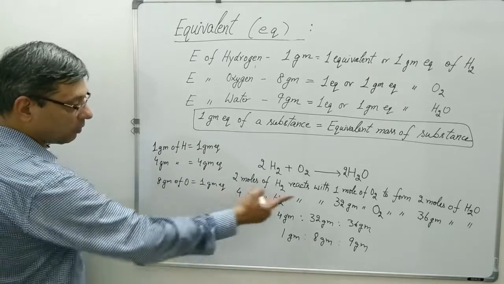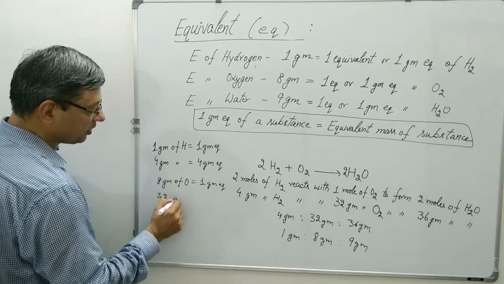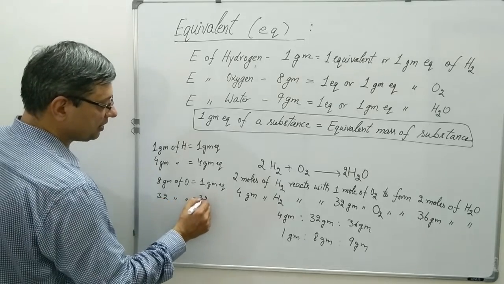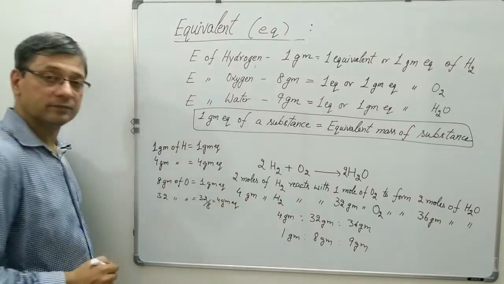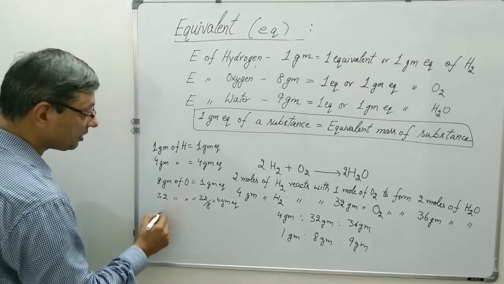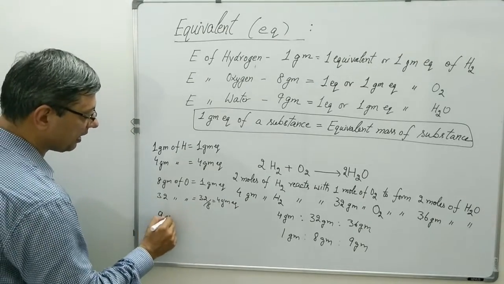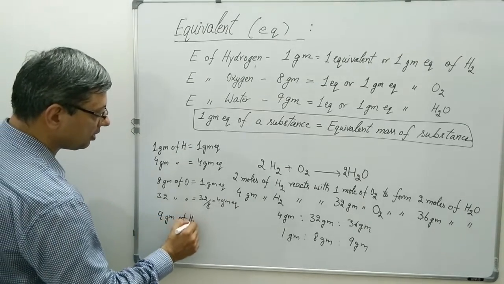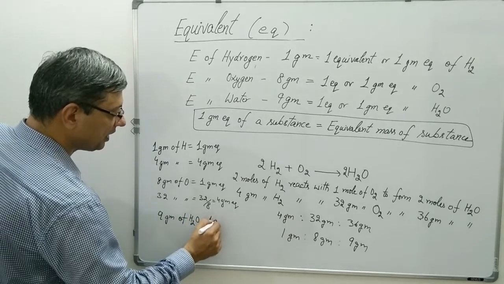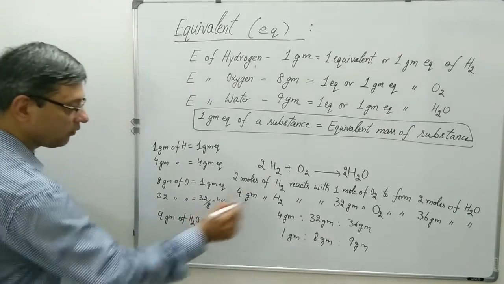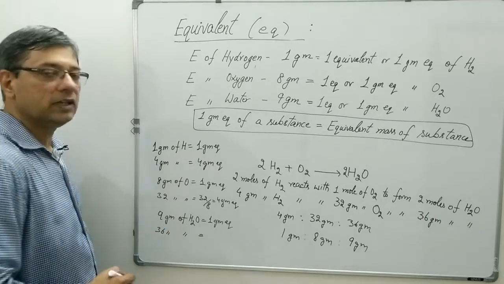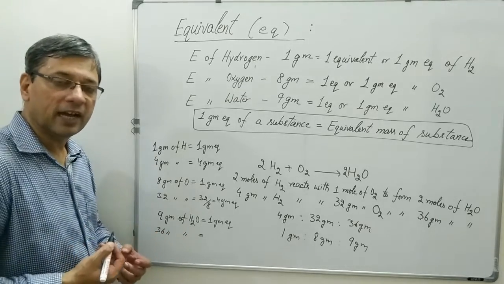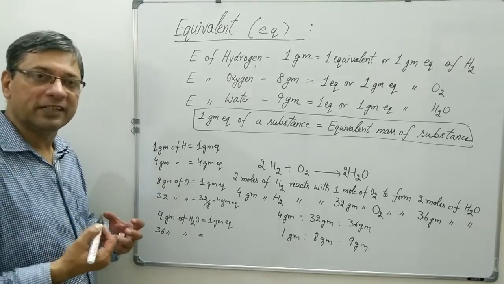Therefore, 32 grams of oxygen will be equal to 32 upon 8, which is 4 gram equivalents. In case of water, we know 9 grams of water is equal to 1 gram equivalent. Therefore, 36 grams of water will be equal to 36 upon 9, which is 4 gram equivalents.